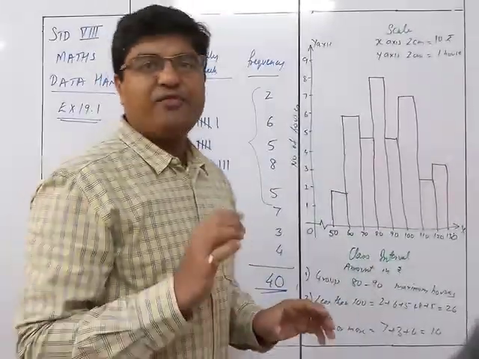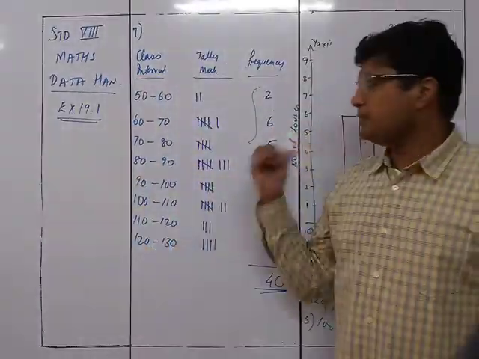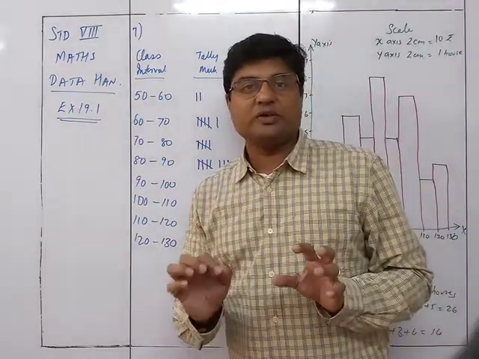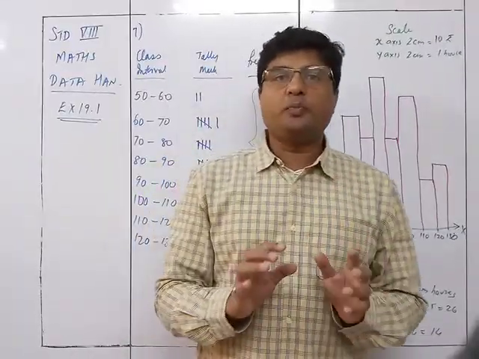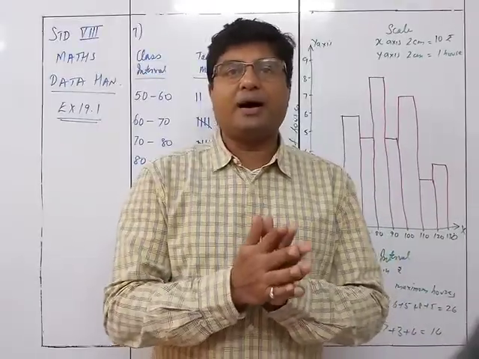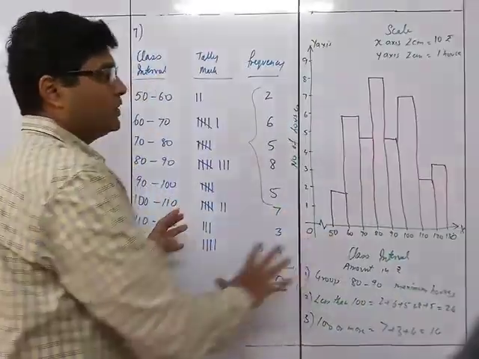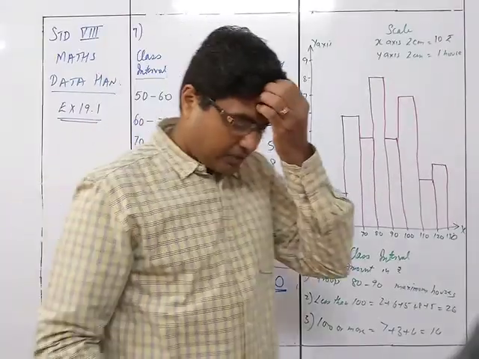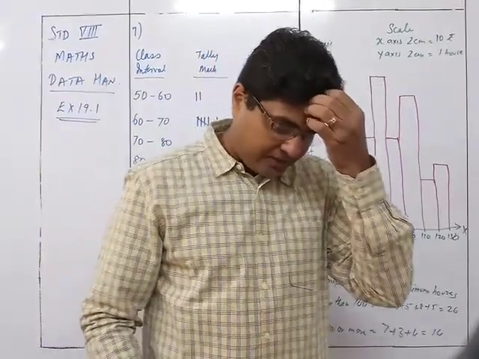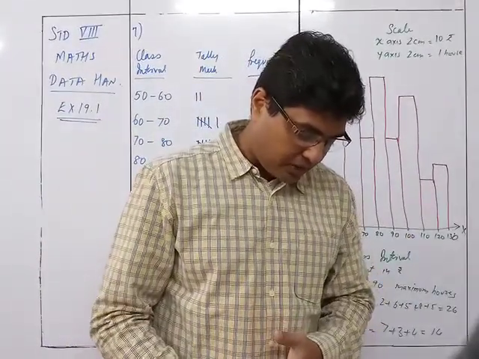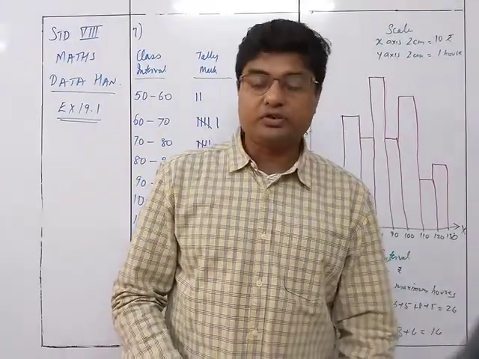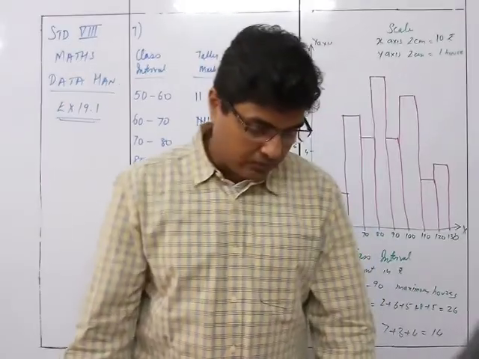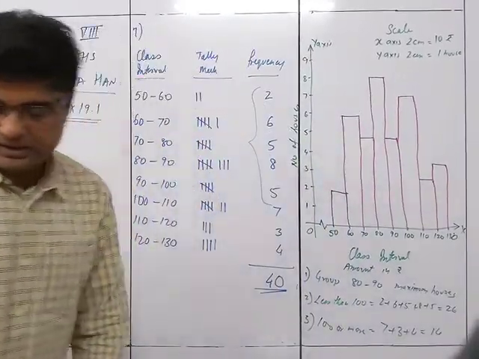If you understand this question properly, then most of the things which could be covered in a histogram are taken up in this particular question. So a very important question. That was question number 7 about histogram. We move on further to question number 8.